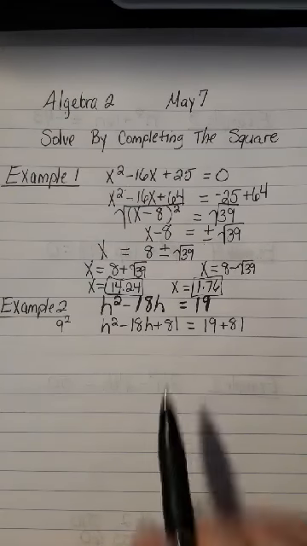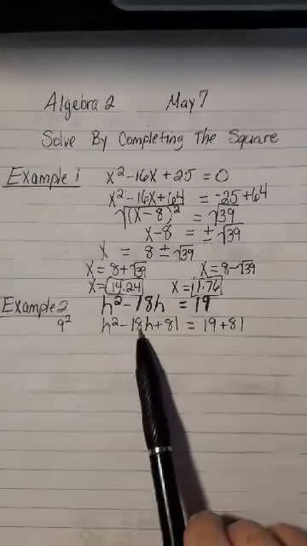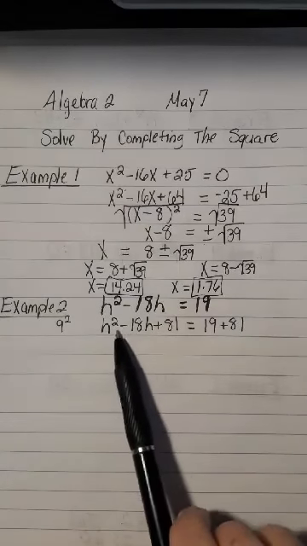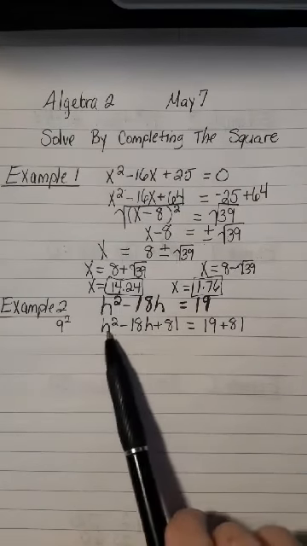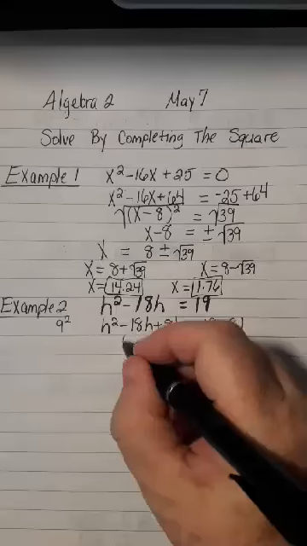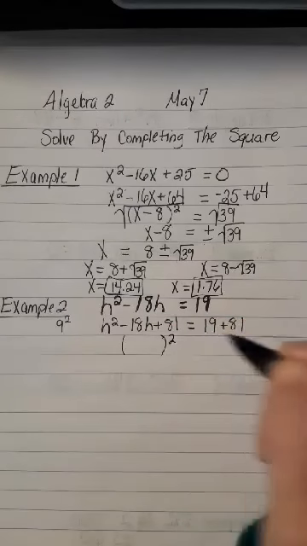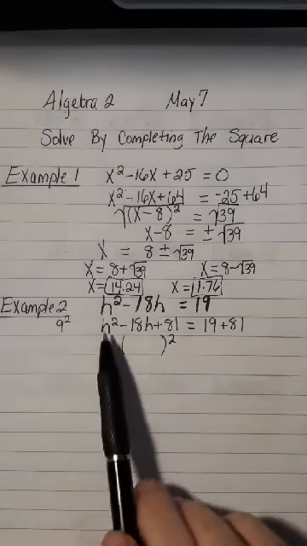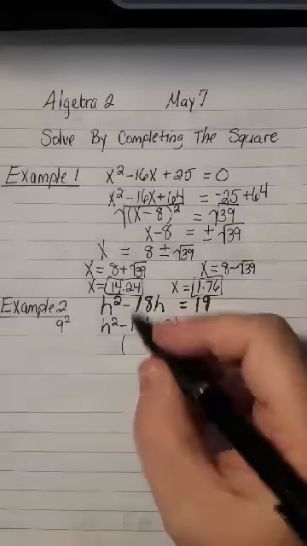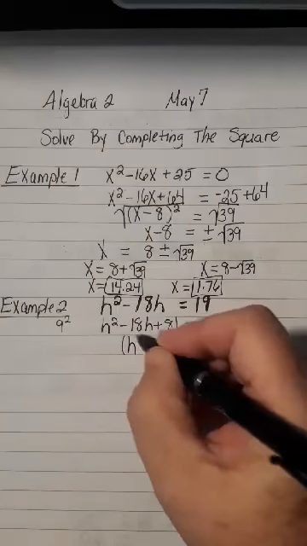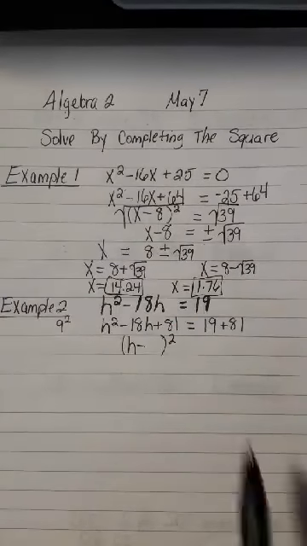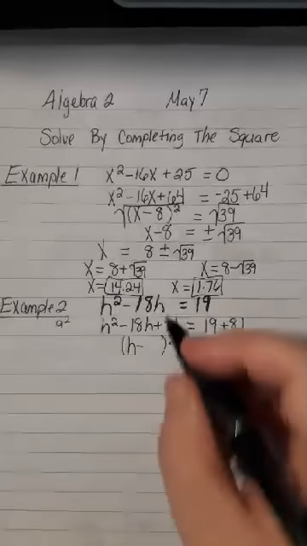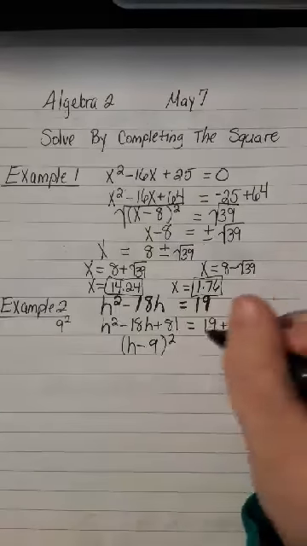Once we've done that, if you'll look, we now have a perfect square trinomial, and we have to factor that. So when you factor it, it goes into your parentheses to the second power. You take the square root of h to the second, which is h. Use the middle term. Take the square root of 81, which is 9.